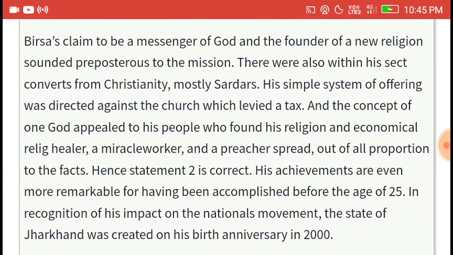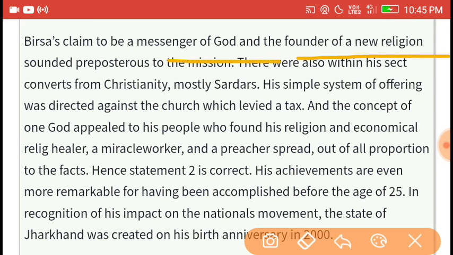Birsa claimed to be a messenger of God and founder of a new religion. There were also within the sect converts from Christianity, mostly Sardars. His simple system of offering was directed against the church, which levied a tax, and the concept of One God appealed to his people.